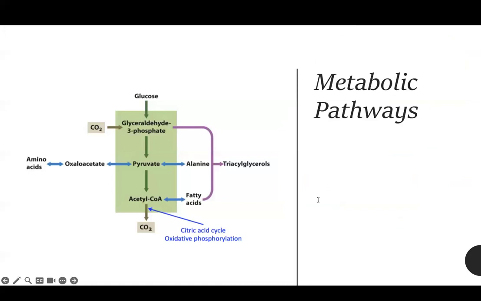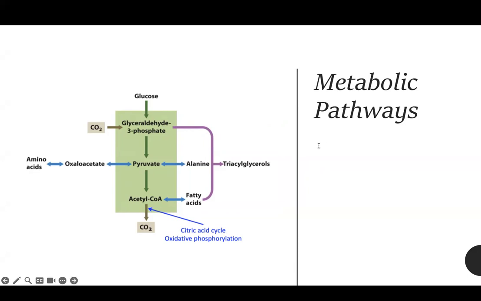All right. So what do we then do with all these subunits? All these different nutrients get broken down into their subunits and then can enter different metabolic pathways. So metabolic pathways are a series of reactions that are required to break down those monomeric units or to build them from smaller pieces.